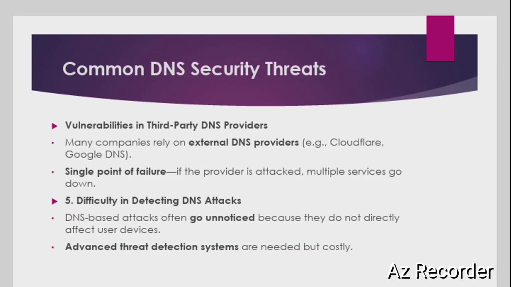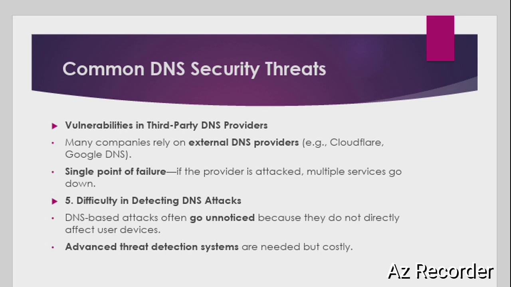The common DNS security threats are vulnerabilities in third-party DNS providers and difficulty in detecting attacks. Many companies use Cloudflare and Google DNS, which is a single point of failure.